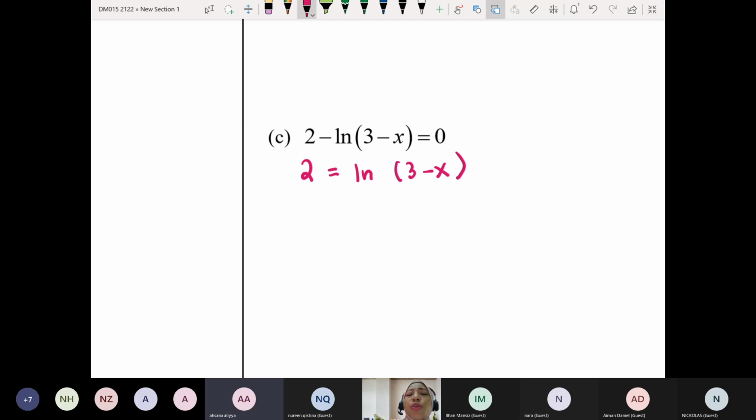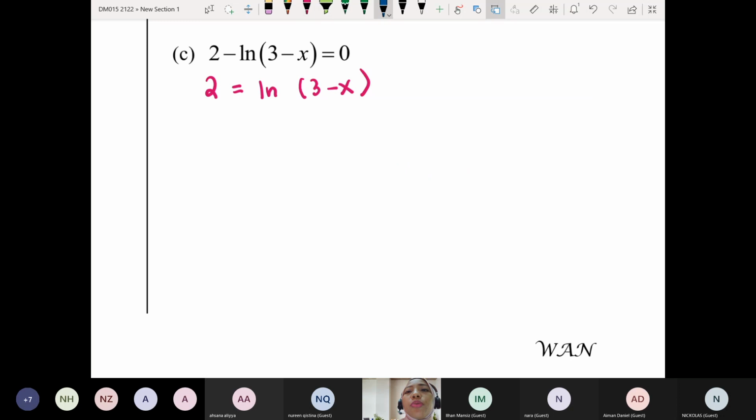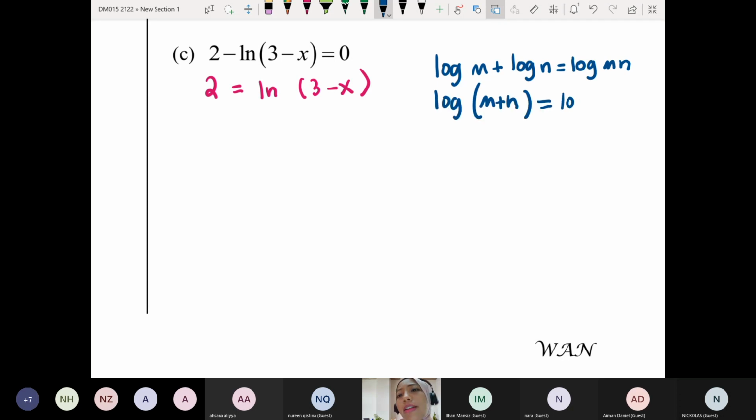No. You never ever expand log. Ini adalah dosa besar dalam hukum log. Kita ada properties log M plus log N equals to log MN. Tapi kita tiada properties untuk log of M plus N. Kita expand macam ni, tak ada log M tambah log N. Nampak tak you all? No. Ini salah dan dosa besar.